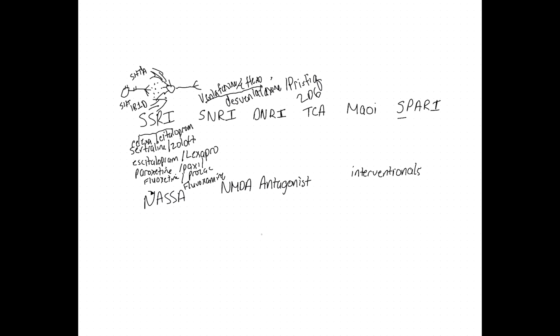Venlafaxine and desvenlafaxine, the significance of that, and I'm going to test you on this because it's part of pharmacokinetics. If someone is genetically a 2D6 poor metabolizer, which means they do not have enough active 2D6, if you give them venlafaxine, it is not going to work for depression because venlafaxine needs to be converted by 2D6 into desvenlafaxine, which is the active metabolite.